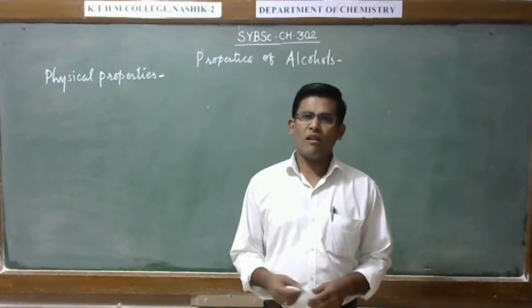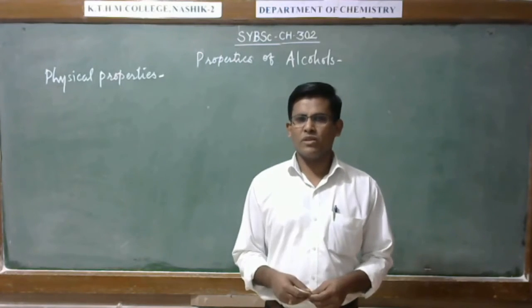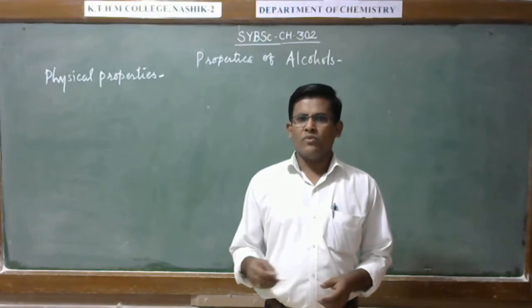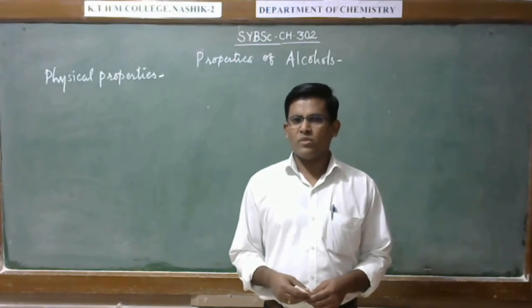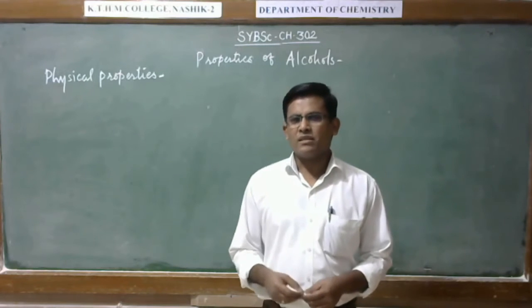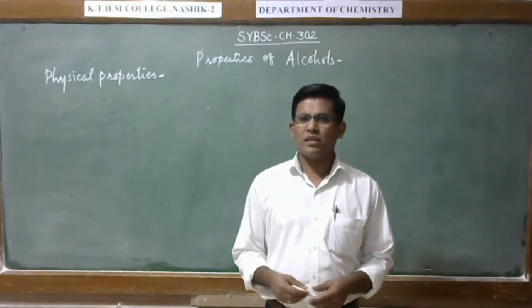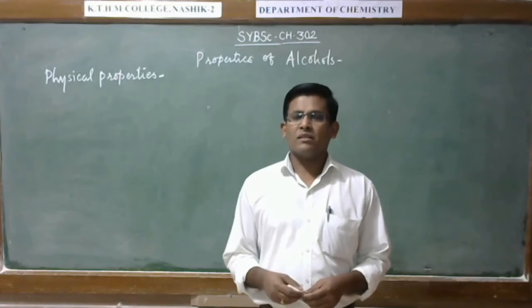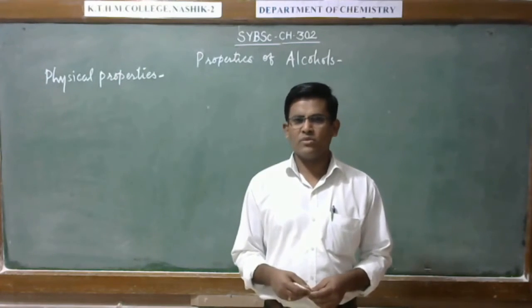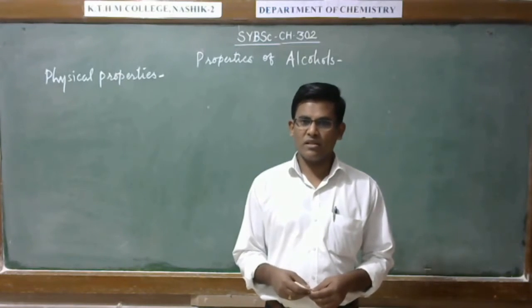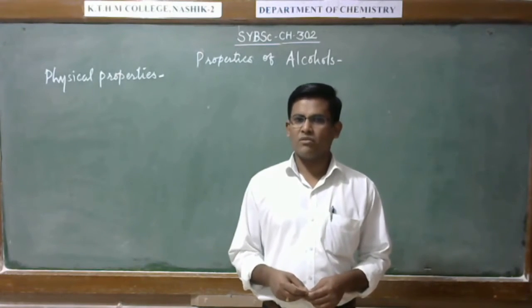The boiling point order is: primary alcohol has a higher boiling point than secondary alcohol, which in turn has a higher boiling point than tertiary alcohol. The solubility of alcohols decreases with increasing molecular mass due to the decreasing extent of intermolecular hydrogen bonding.